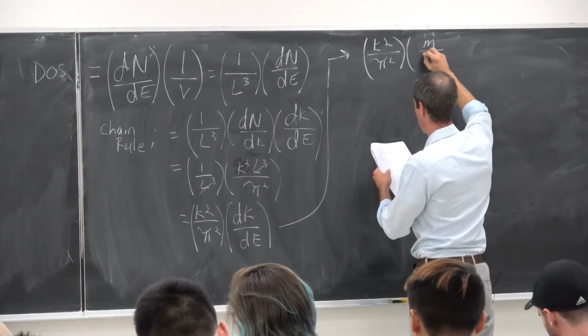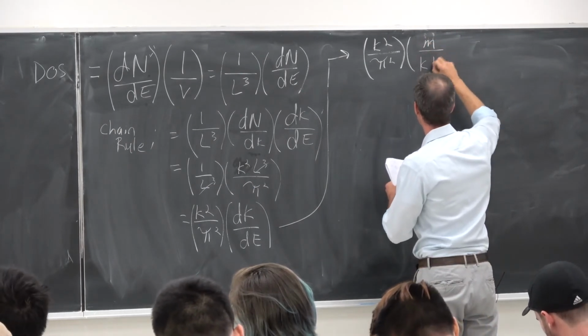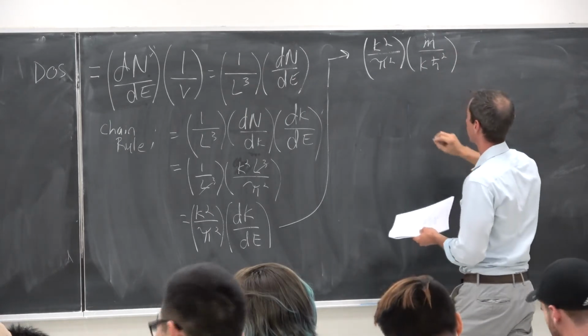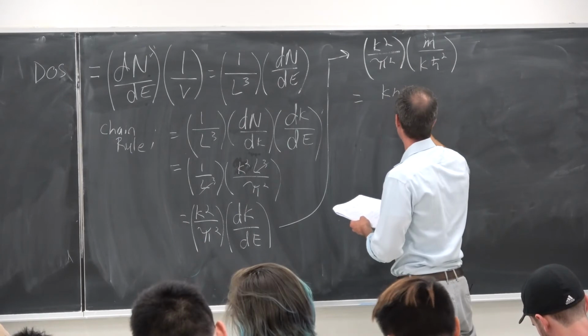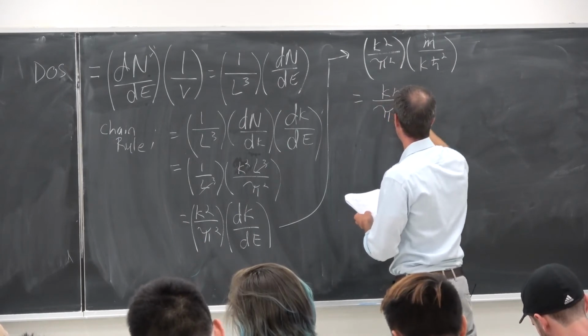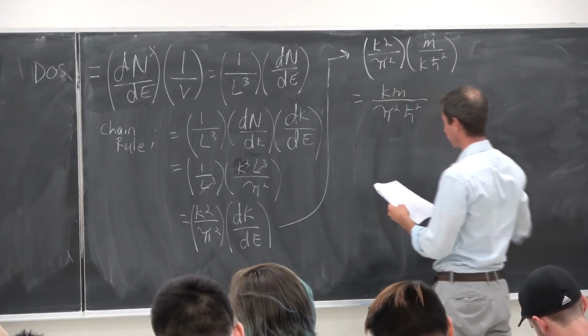m k h bar squared. Okay, good. We're getting rid of some k's. k m over pi squared h bar squared.